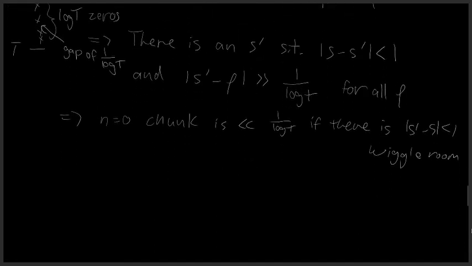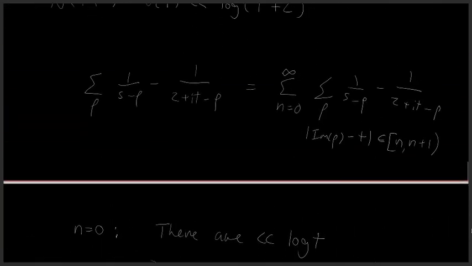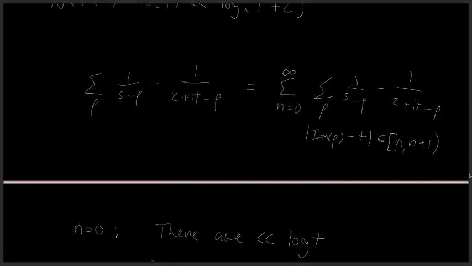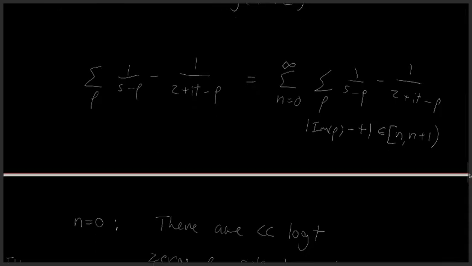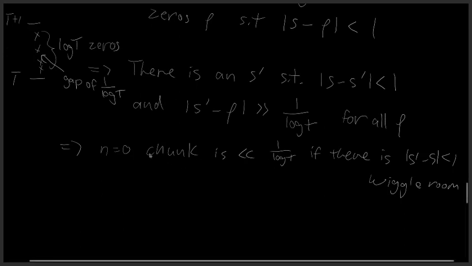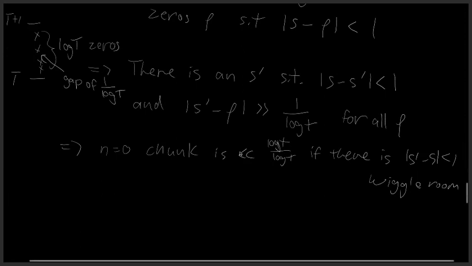For the other ends, again, the ends here that I'm talking about are splitting up the sum into n chunks. Well, sorry, I should say this n equals 0 chunk is log t over log t, because you do have log t zeros, who knows what happens, right? But it's bounded by a constant.